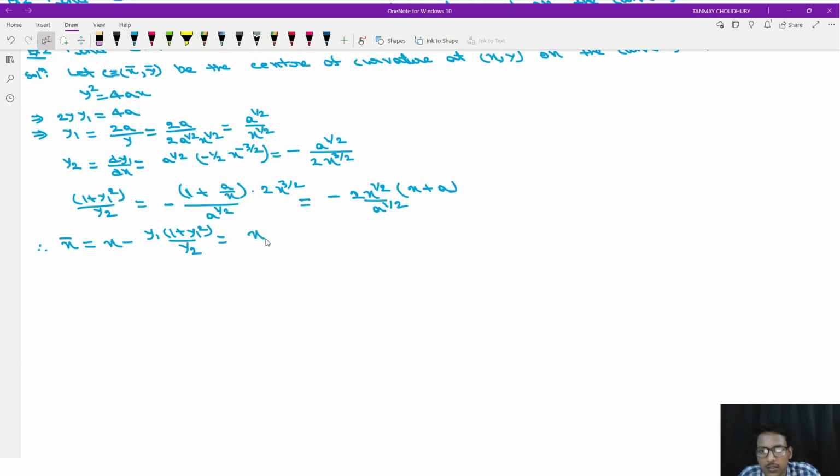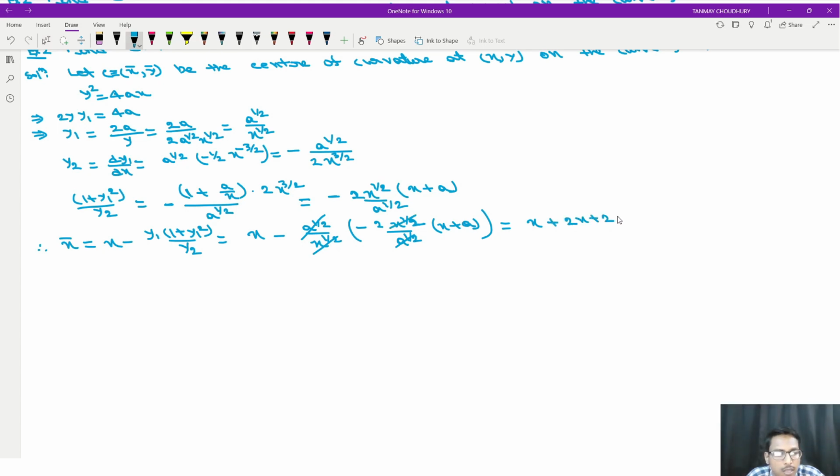So this is x minus a to the power half divided by x to the power half, times minus twice x to the power half divided by a to the power half into x plus a. This a to the power half gets cancelled out, this also gets cancelled out, so x plus twice a, so this is 3x plus 2a.